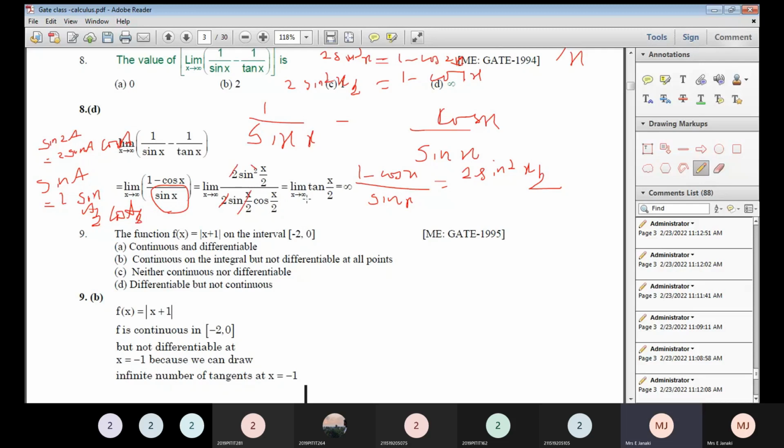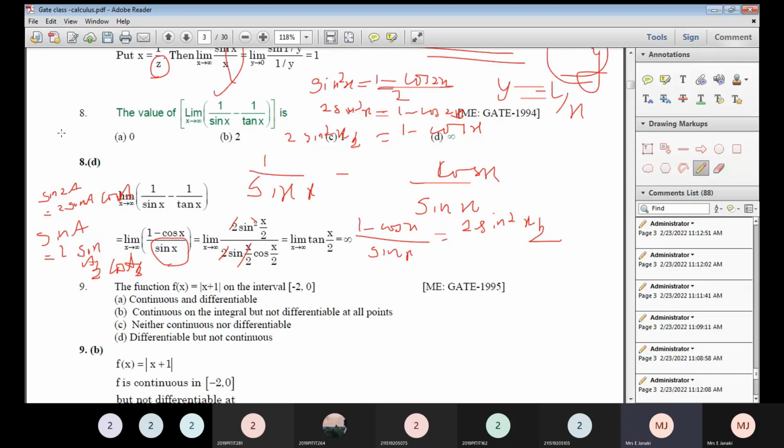Now we are applying limit x tends to infinity here. We'll get tan infinity. You know that tan infinity becomes infinity. So the answer is infinity.